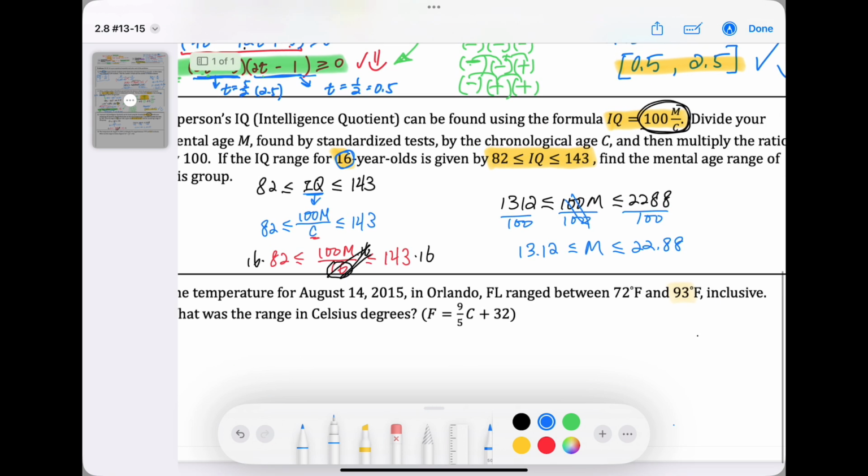Now, let's talk about age. We kind of like to keep age as a whole number, so you can round down or round up. So now I'm going to keep it as the rounding. So 22.88, I can round it up to 23. So this is something we call application. We still need to use real life to produce the final good answer.